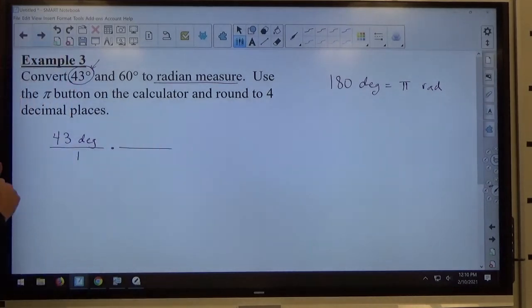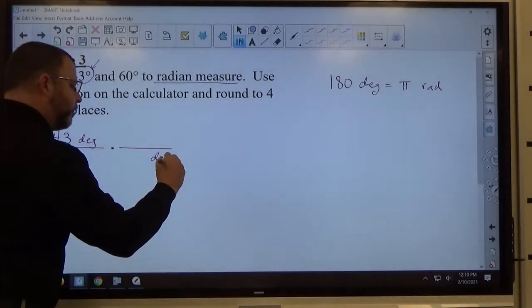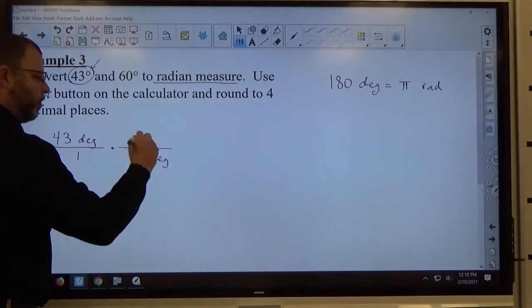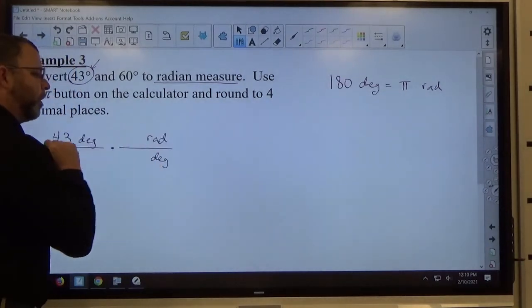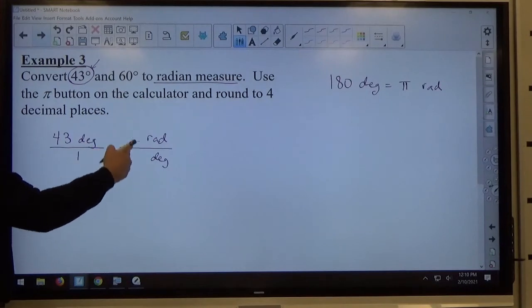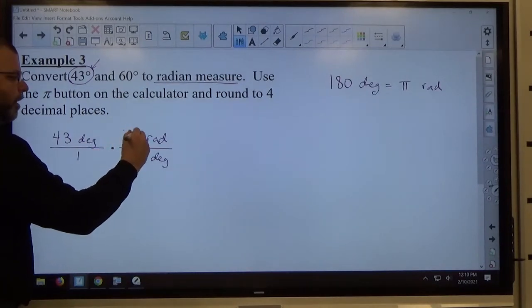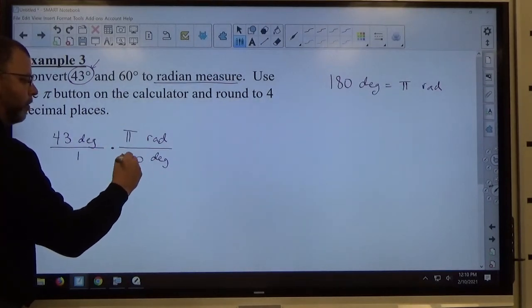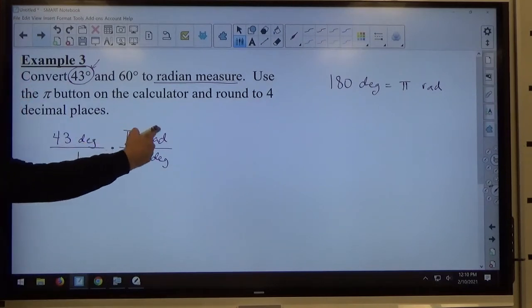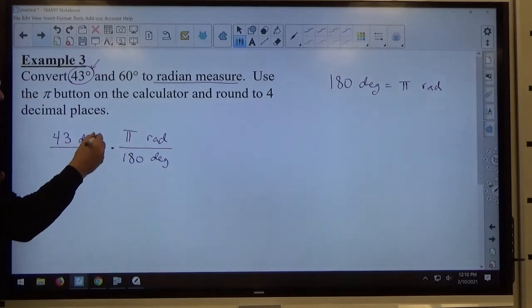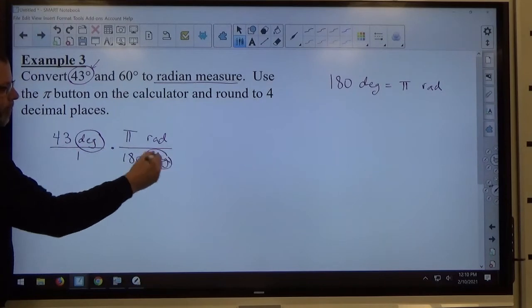I want degrees to disappear and I want radians to appear. So I'm going to put degrees in the denominator for cancellation of units, radians in the numerator because that's what I want to change it to. And the facts about these two units, pi of these equals 180 of those. So pi goes with radians, 180 goes with degrees. Degree on top, degree on bottom.